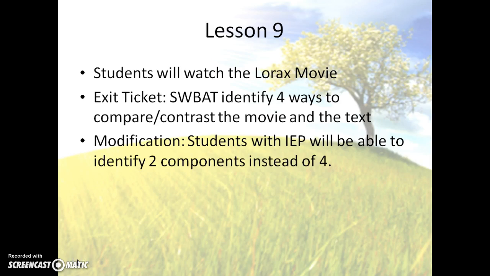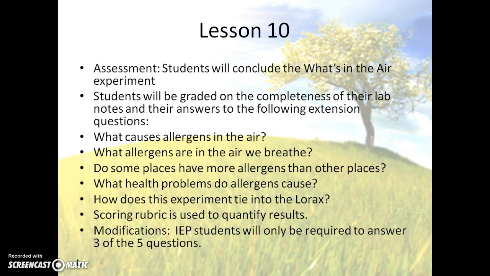Students will be able to identify 4 ways to compare and contrast the movie and the text as their exit ticket. A modification for this lesson is that students with IEPs will be able to identify 2 components instead of 4.